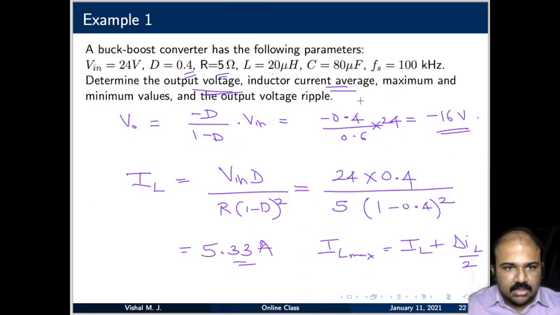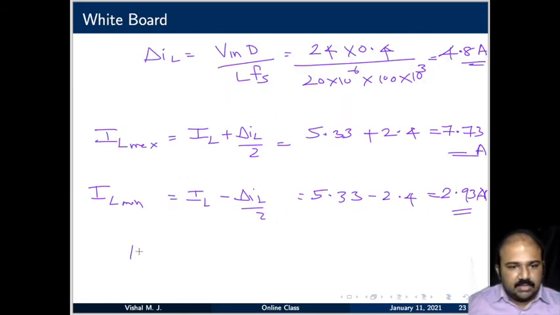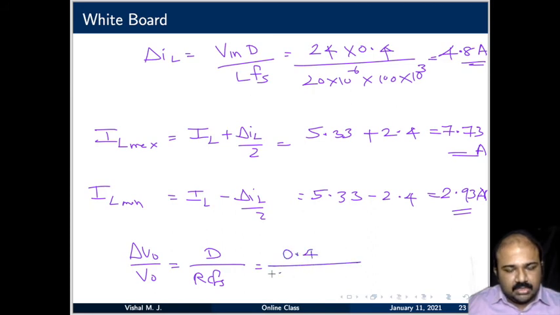Anything more asked? Maximum and minimum values of the current we have calculated. Output voltage ripple: delta V0 by V0 is what they are asking us to calculate. D by RCFs. What is the duty ratio? 0.4. Resistance value is 5. What is the capacitance value?